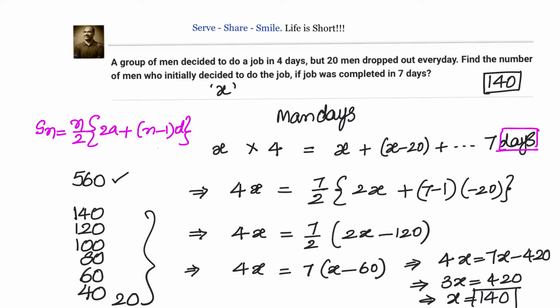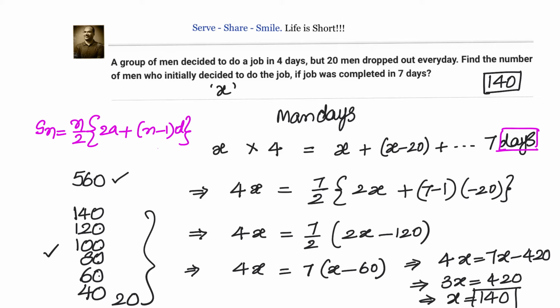Club them, we should get again 560: 260, 360, 440, 500, 540, 560. Since it is 7 days only, we did this verification, otherwise it may not be possible. But we can check that the number of men who initially decided to do the job were 140.